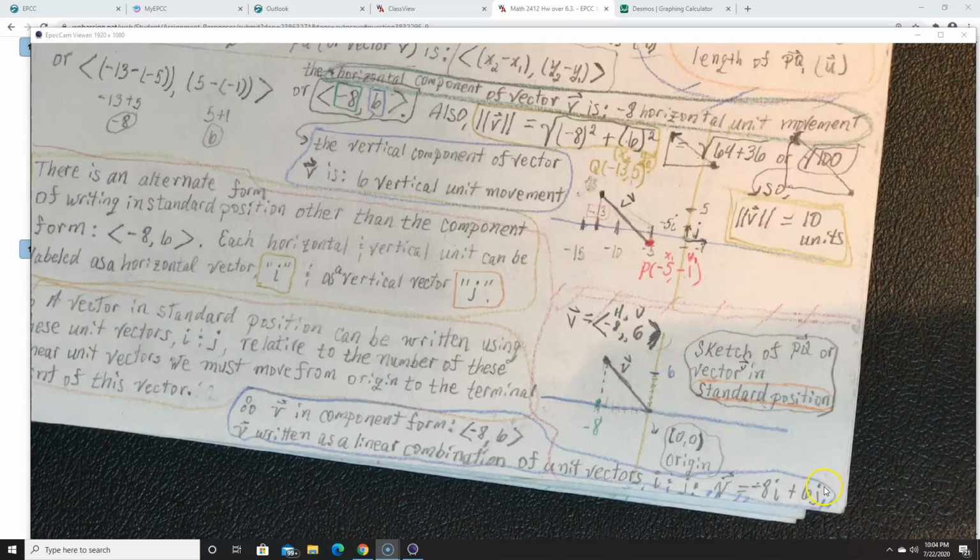So plus 6 of those unit vector j's. Well, I hope that makes sense.